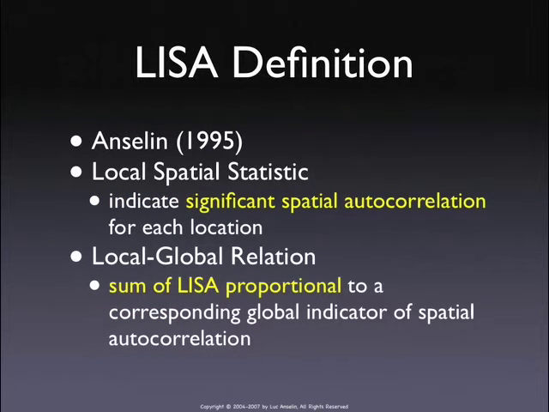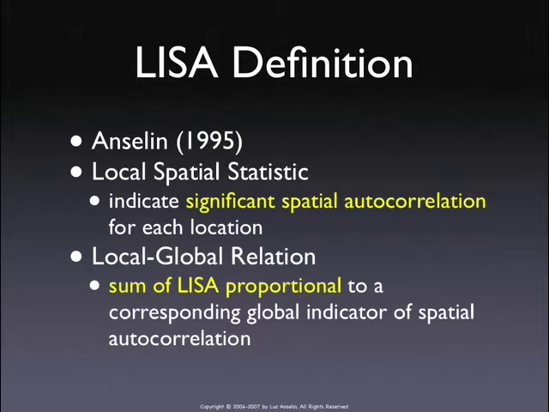The definition of a local indicator of spatial autocorrelation, or spatial association if you wish, is really two aspects. And we'll see later that some statistics, like the Gi statistic, deal with one of these aspects, but not necessarily the other one.